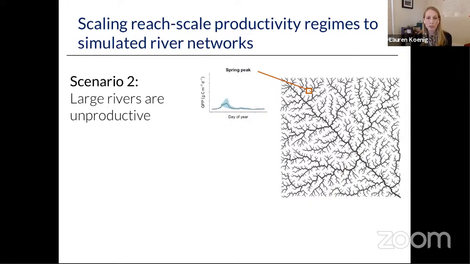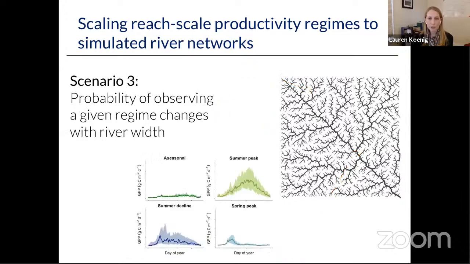Our second scenario was similar in the sense that all small streams were assigned this spring peak pattern, but instead we assumed that all larger rivers were actually relatively unproductive, for example, due to high turbidity loads or something that influences light attenuation through the water column. And our third scenario was kind of a stochastic scenario where the probability of observing any of these 4 empirical patterns changes with river width.